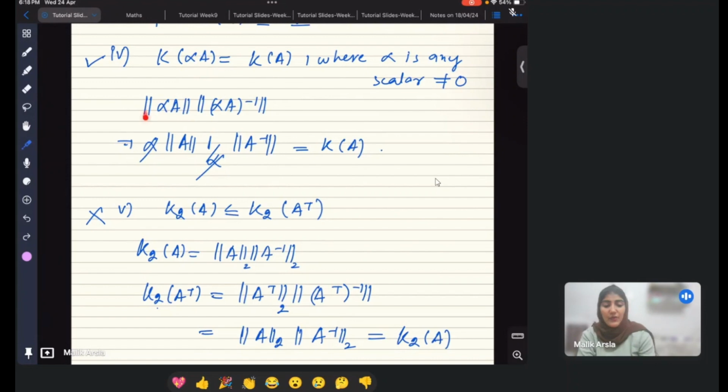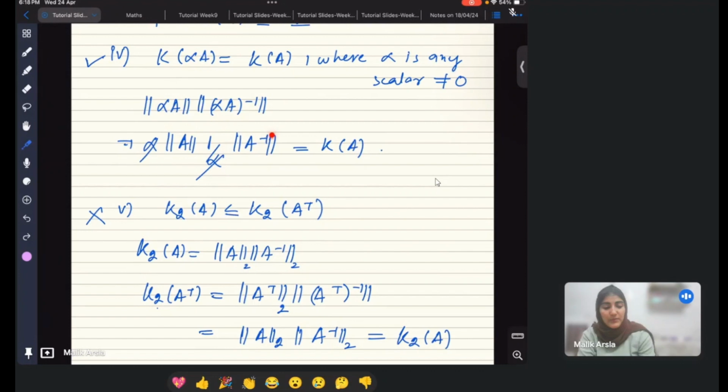For norm of alpha A, we simply take alpha outside and multiply with norm of A, and for alpha A inverse, we take 1 upon alpha outside, and it will be norm of A inverse. Alpha and 1 upon alpha cancel, and it is norm of A into norm of A inverse, which is nothing but the condition number of A. So this statement is also correct.